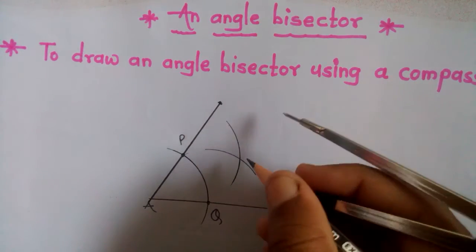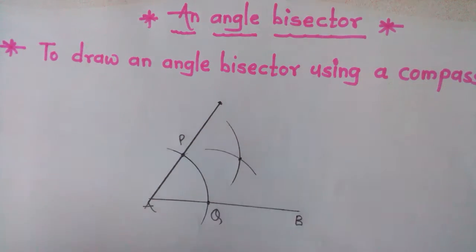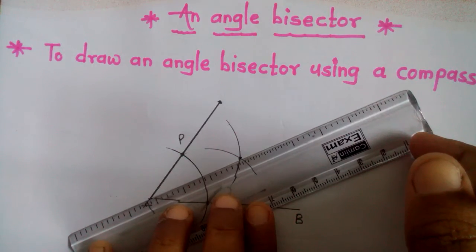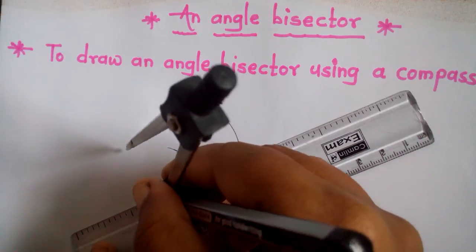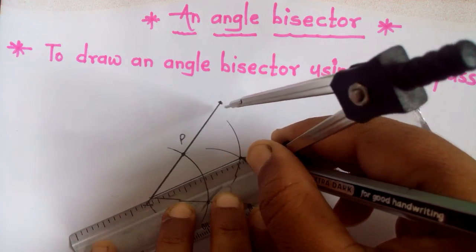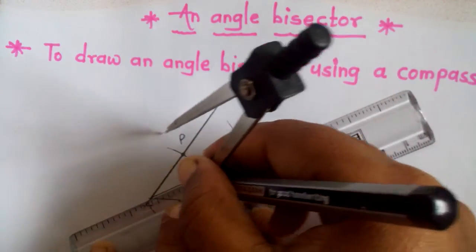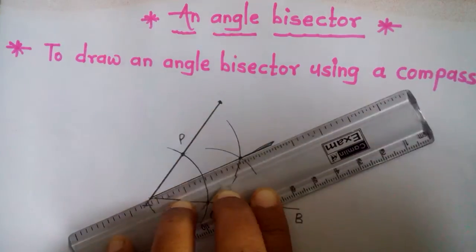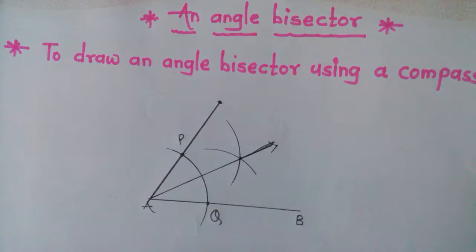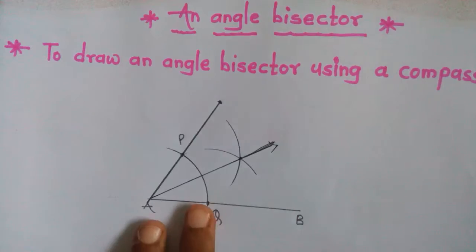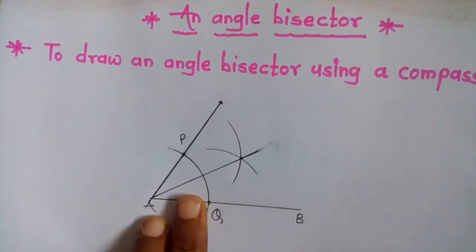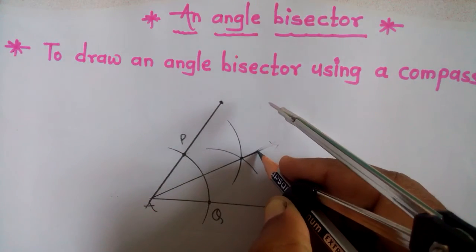When we have drawn the arcs, we have to join them. See here, when we join, the angle is divided into two parts.